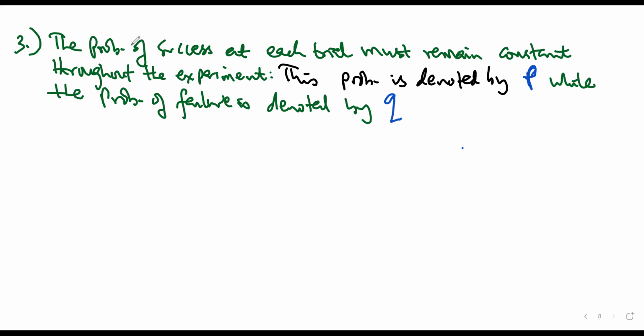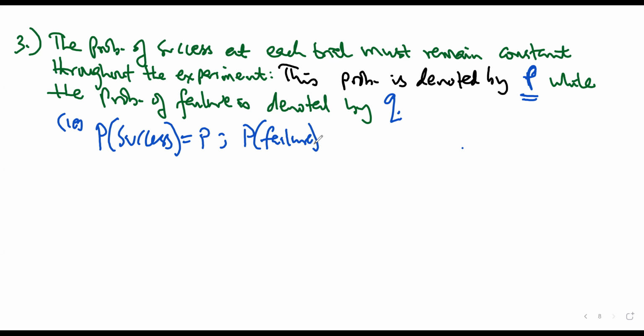The probability of success remains constant throughout the experiment. This probability is denoted by letter P, and the probability of failure, on the other hand, is denoted by letter Q.